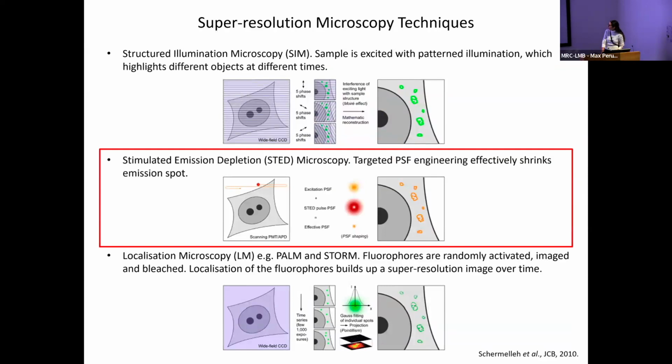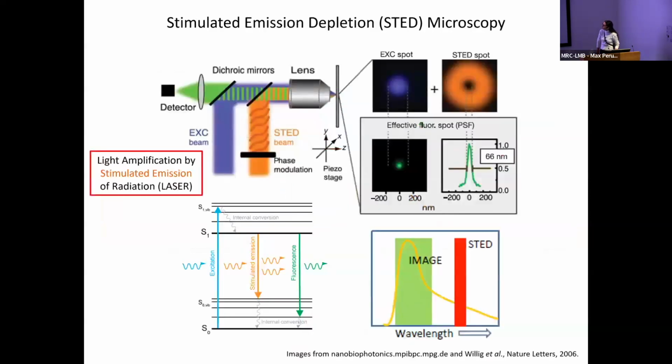Now, the next super resolution technique, which works in a very different way, is stimulated emission depletion, STED microscopy. For this technique, you engineer the PSF, so you narrow your emission signal to have a precise localization.